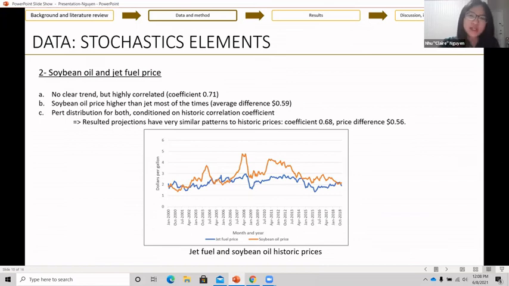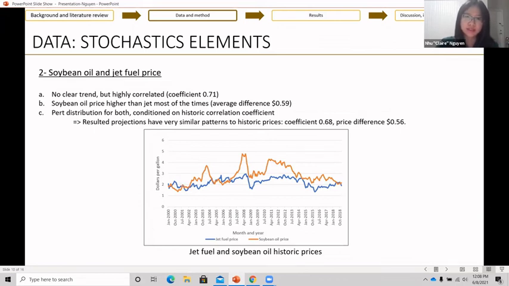The next stochastic elements are the soybean oil and the jet fuel price. We project them together because in the historic graph trend here, we can see that neither of them has a clear trend, just like natural gas, but they are highly correlated.